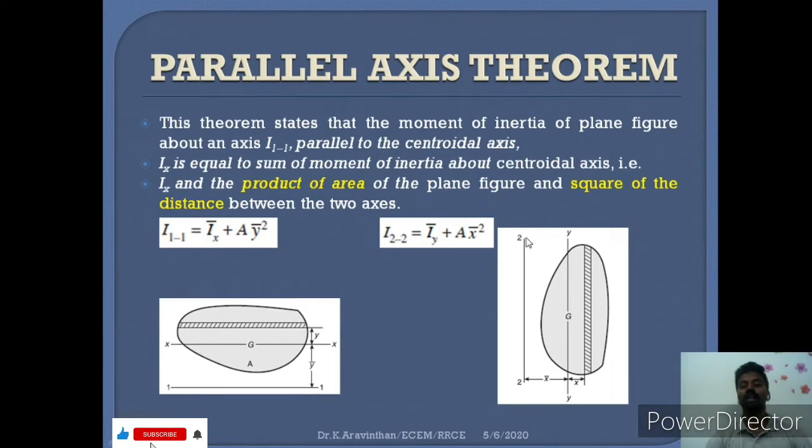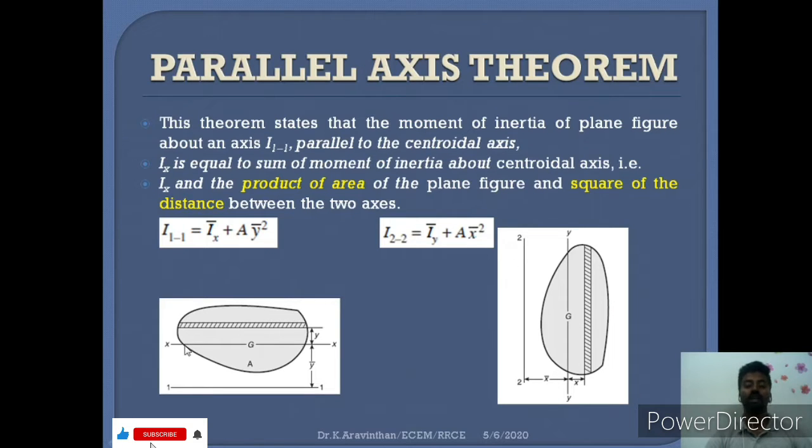Inertia at the reference plane 22. That is I22 equals Iy bar, the inertia at the yy axis, plus A into x bar square. A is the area of this object, and the distance between the reference plane and the y axis is known as x bar. You have to square the x bar.